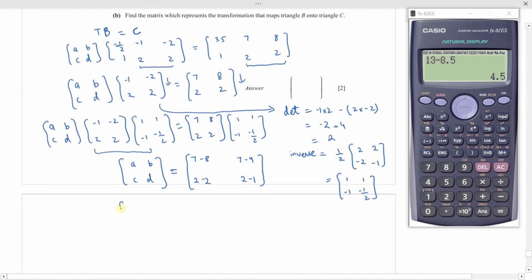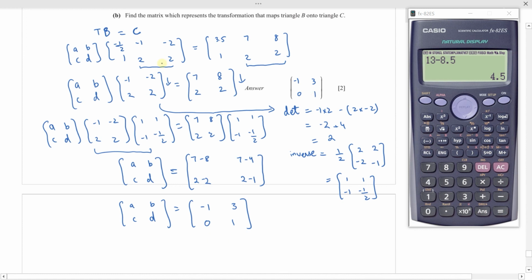So if I continue here, I will get ABCD. 7 minus 8 is -1. 7 minus 4 is 3, 0, and 1. So your answer here will be -1, 3, 0, 1.